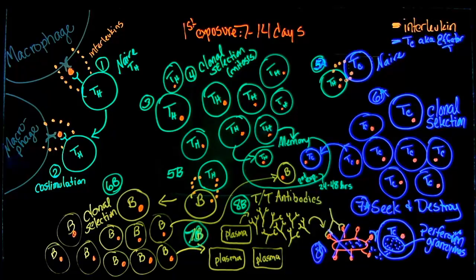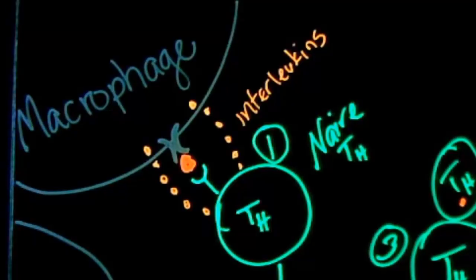Wow, this is a lot. But let's zoom in and investigate this process bit by bit by bit. We're going to start over here in the upper left-hand corner looking at the macrophage and a naive helper T cell. Note the number 1.